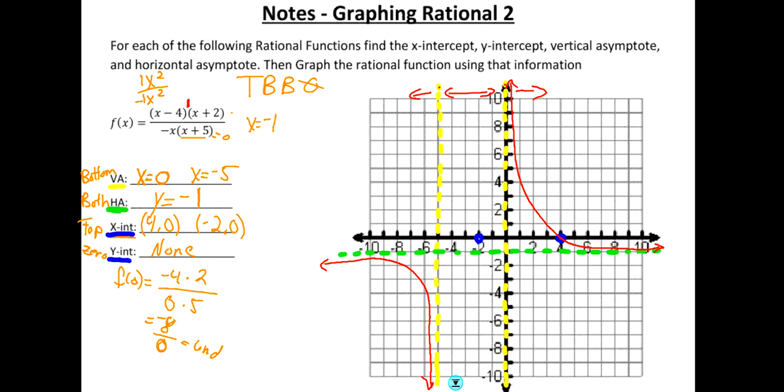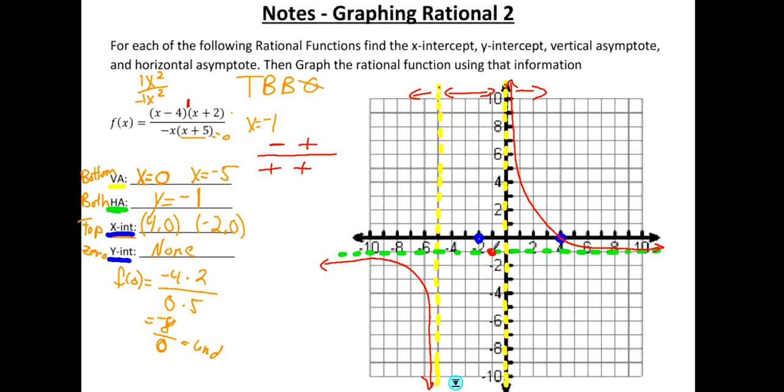When I plug it in, I'm just looking to see if it's on the positive side or the negative side. So when I plug in -1 into my first factor, I get negative. When I plug it into my second one, I get positive. On the bottom, negative makes it a positive, and then a positive. So at -1, we're on the negative side.